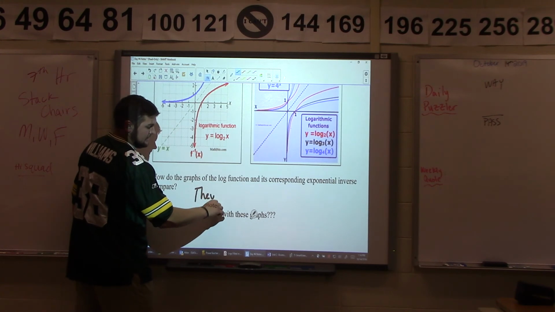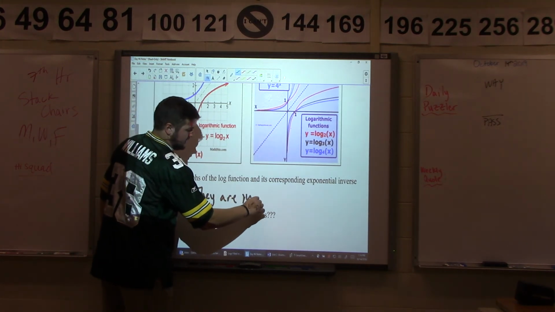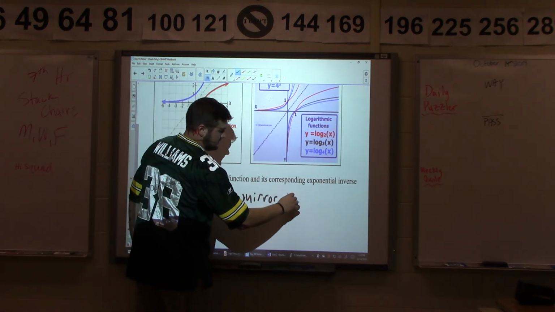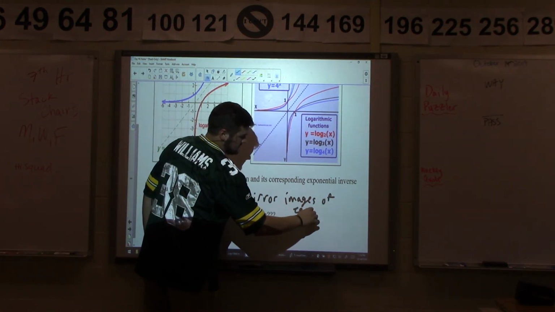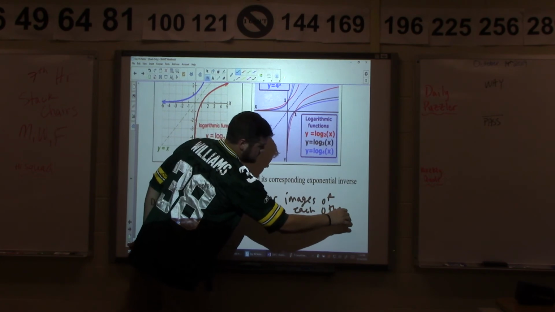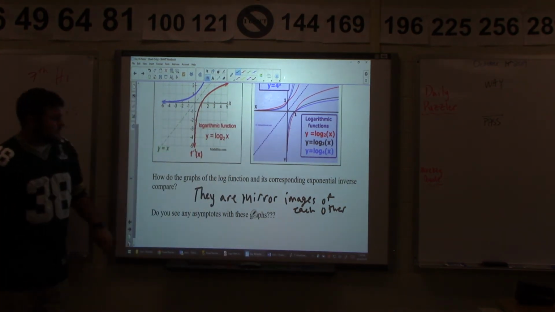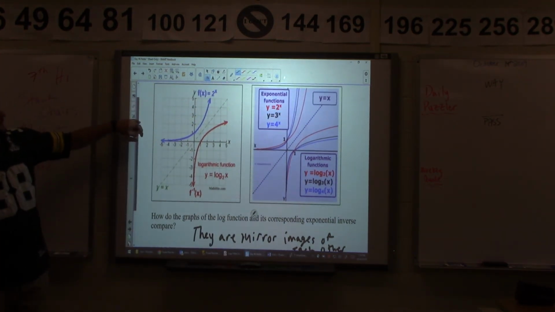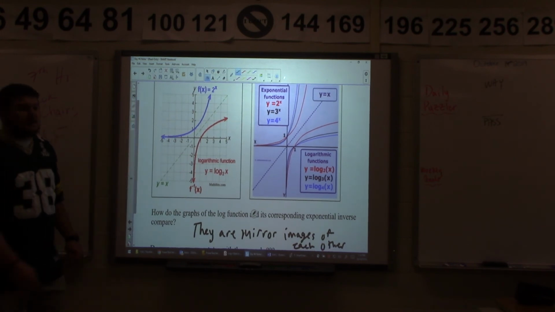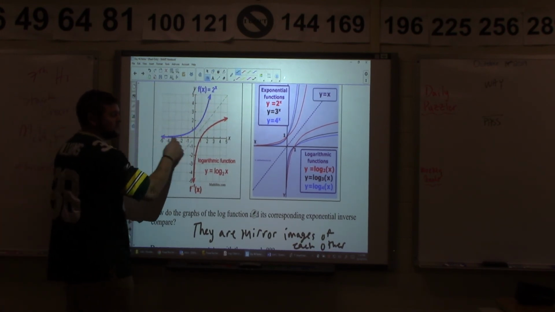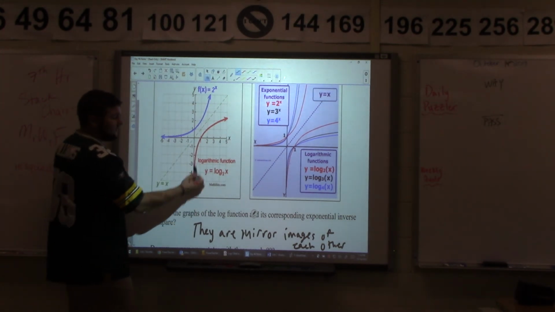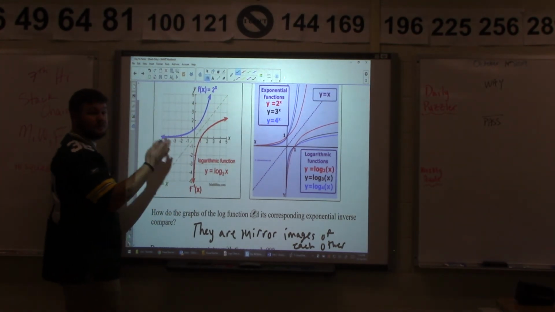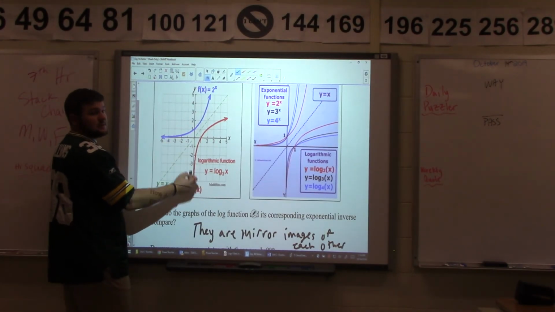They are mirror images of each other. And do we see any asymptotes? Same thing, like with the exponentials, we're still going to have our x-axis as our asymptote. The log functions, since they're a mirror, we flip it, the y-axis becomes an asymptote.